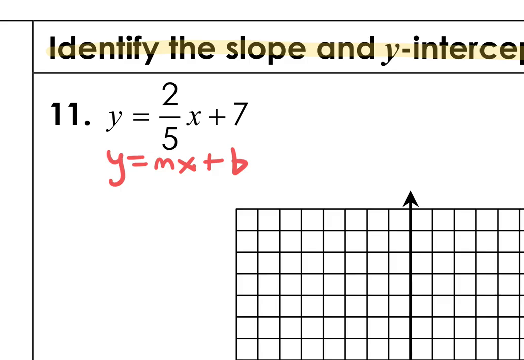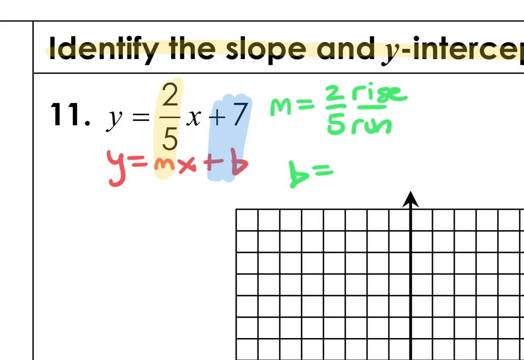Because if you do that, it makes it such a no-brainer. I can clearly see, oh, my slope is 2 over 5. That's the rise, that's the run. I can see very clearly, oh, my y-intercept is 7.